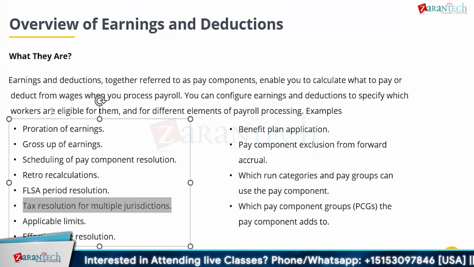So half of the time he's working in, let's say, Pennsylvania, and half of the time he's working in Washington. So basically, we do a kind of tax allocation, and we tell, okay, 50% of the earnings should be subject to Pennsylvania, and 50% of the earnings should be subject to the other state.